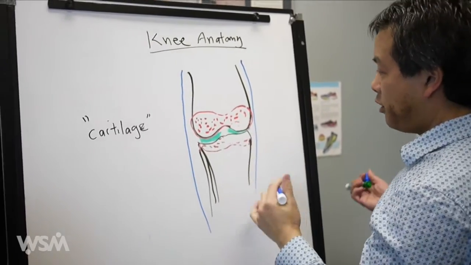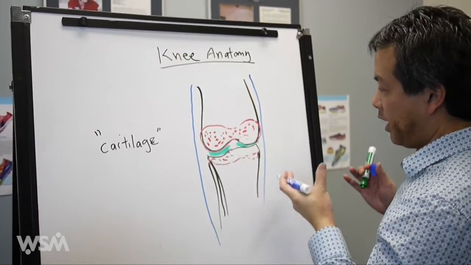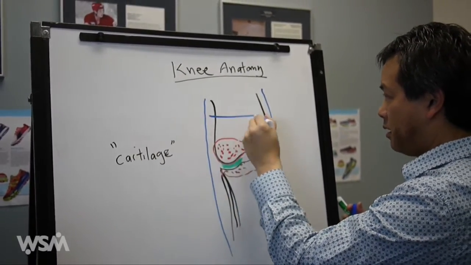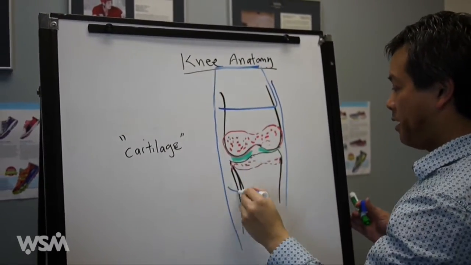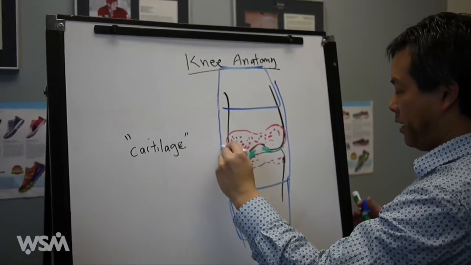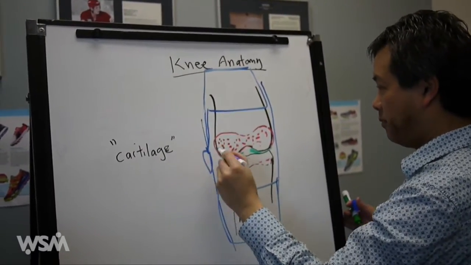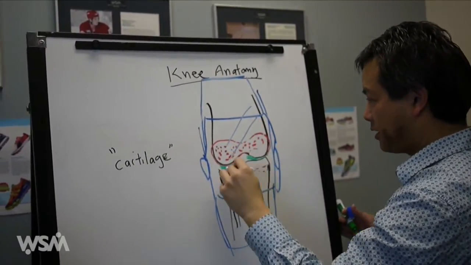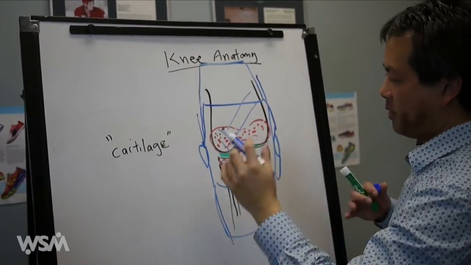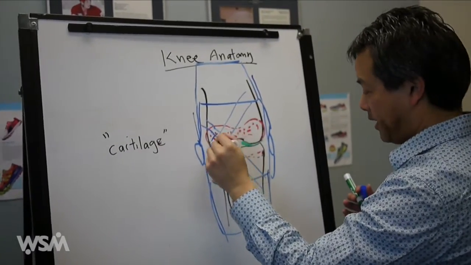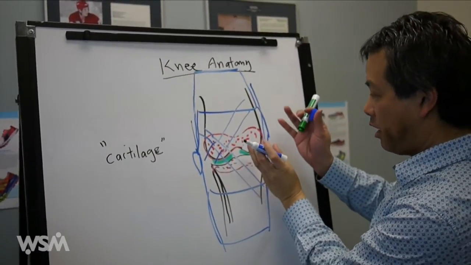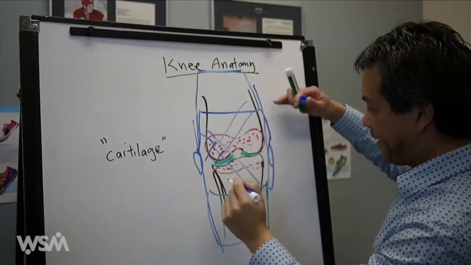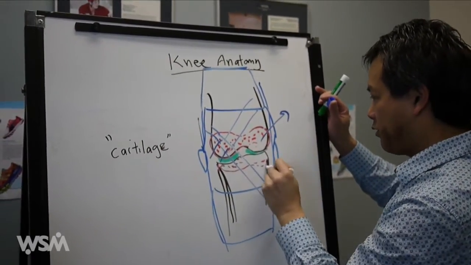So the theory behind an offloading or unloading brace is to design a brace that has some structure, and it may have a hinge mechanism. The hinge may be on one side or the other side. It may have a type of strapping system that runs to the knee joint, so that biomechanically when you walk up and down the hallway, as your knee wants to collapse inwards, the way these unloading braces work, they provide a biomechanical pressure to in effect try to open up that joint.